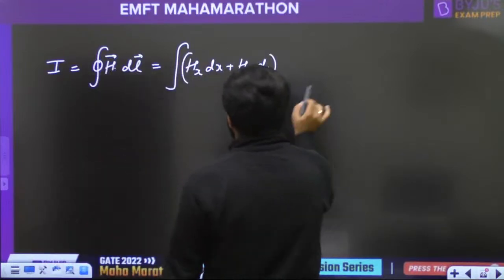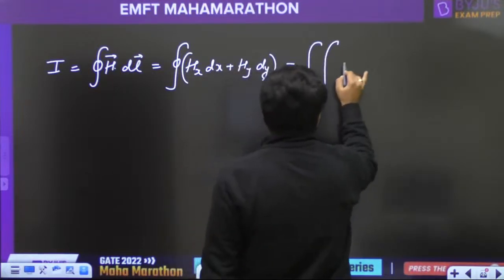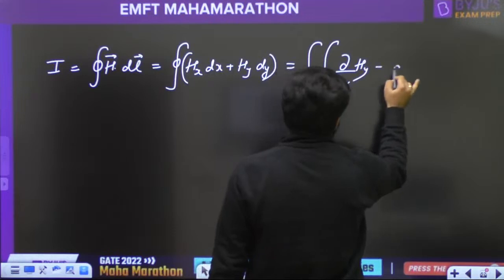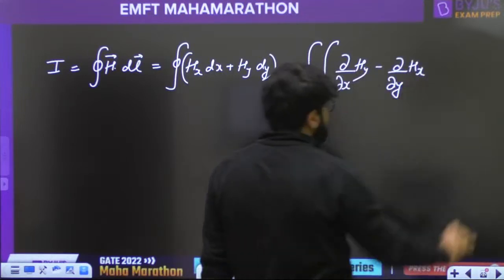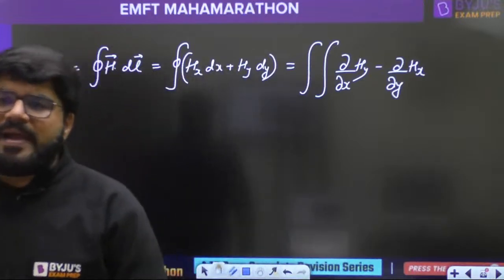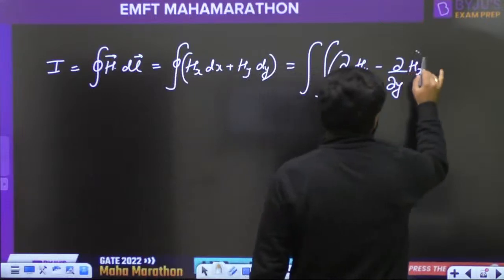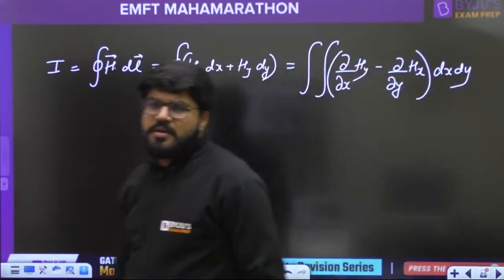In 2D, integral hx dx plus hy dy can be written as double integral of first differentiation with x of the y component minus differentiation with y of the x component. Del by del x of hy minus del by del y of hx dx dy. You can directly use this formula and now solve.